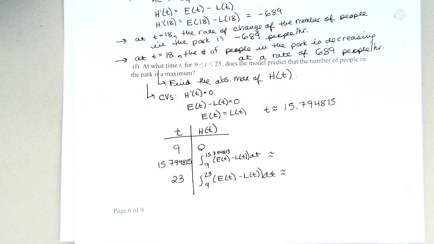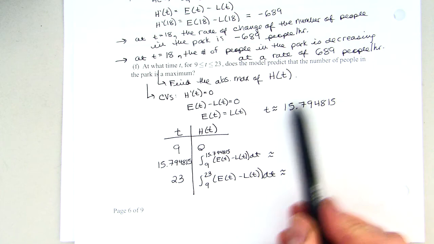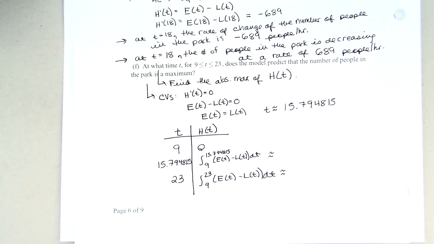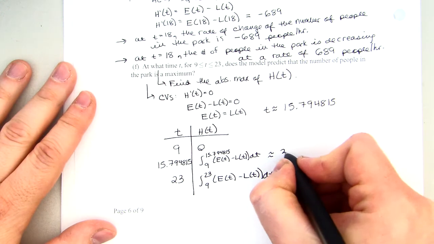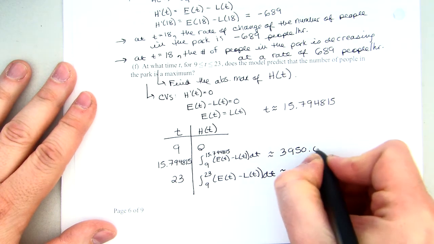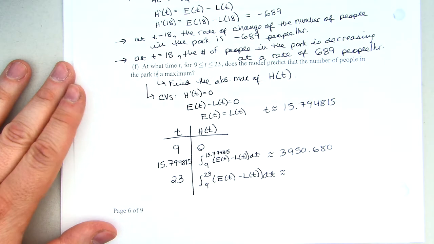Although when we're done, we're not looking for the number of people, we're looking for a time, so maybe I was wrong when I said we needed to make sure that was accurate to many places. You getting about 3,950 or so? 3,950.680. How many people at time 23?